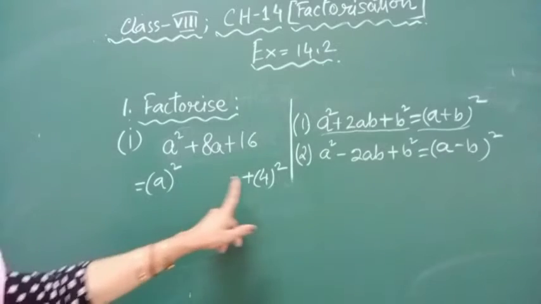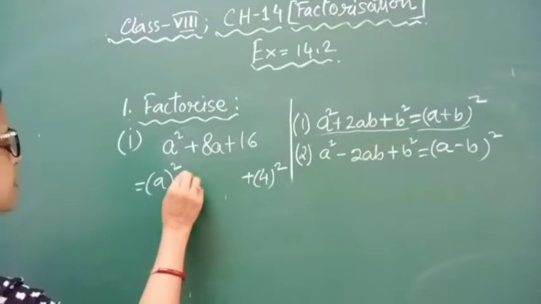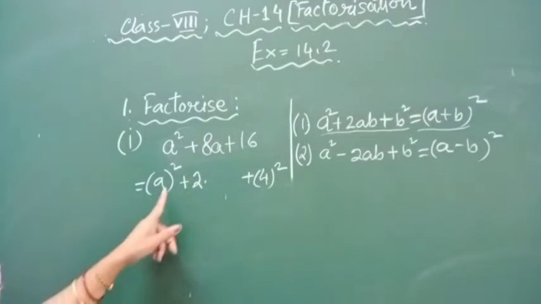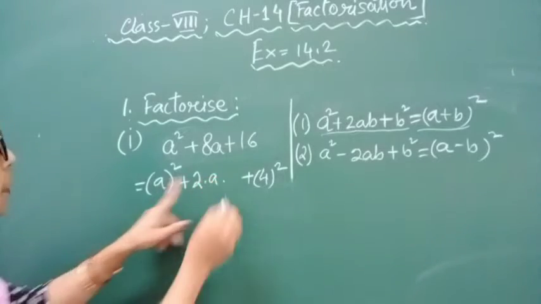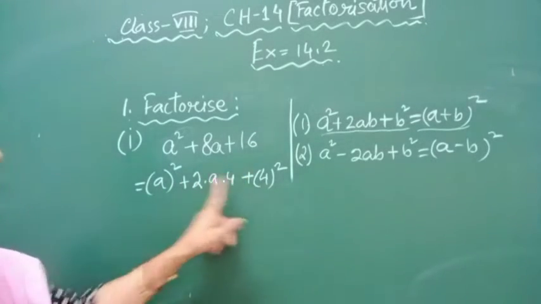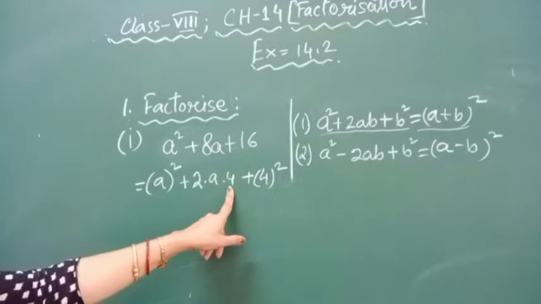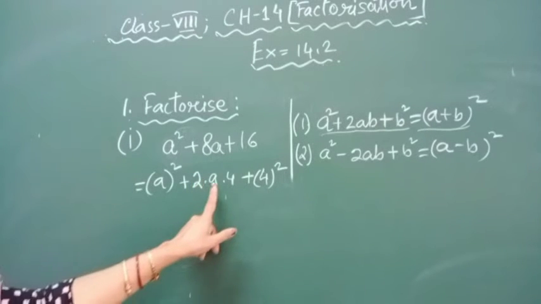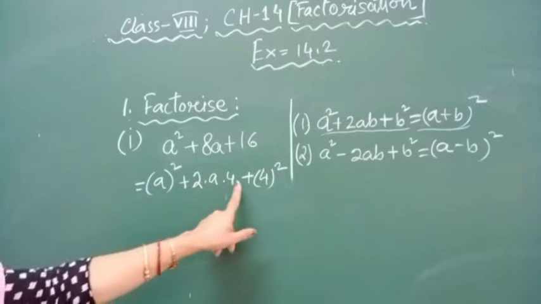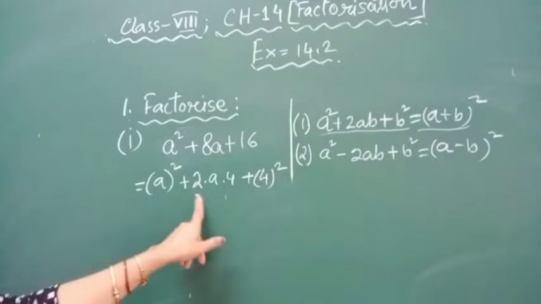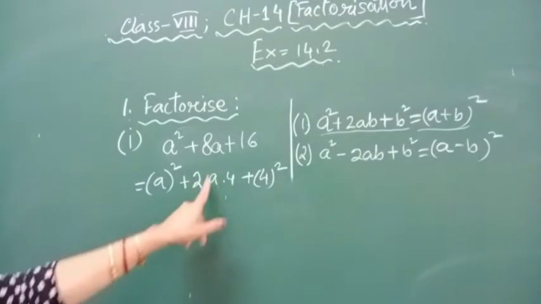A square plus b square plus 2ab. If I multiply these three factors, 2 into a into 4, we are getting 8a.